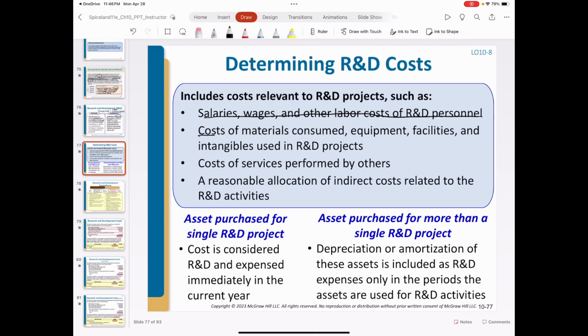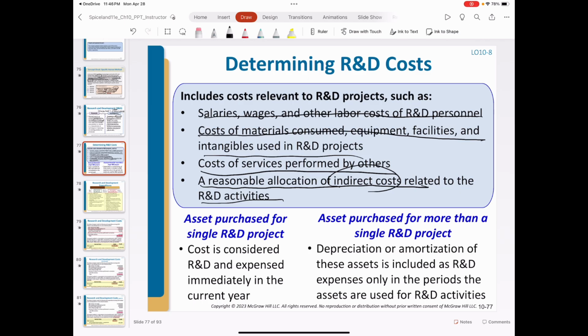It also includes the cost of materials, equipment, facilities, and the intangible assets used in the research and development project. It may also include the cost of services performed by others and a reasonable allocation of indirect costs related to the R&D activities. These are the components of a typical research and development cost.